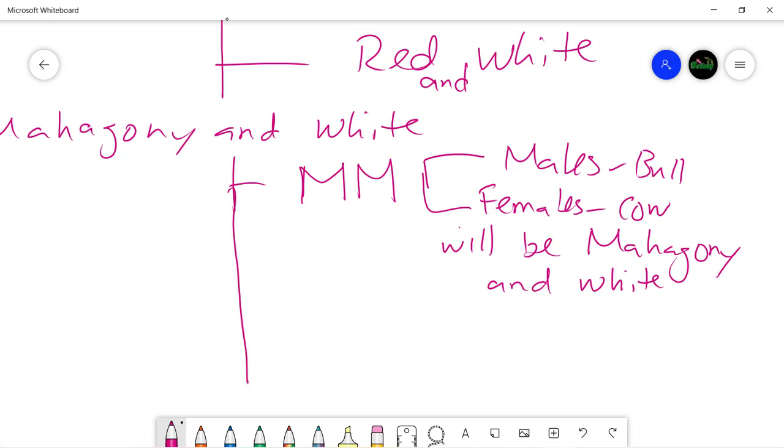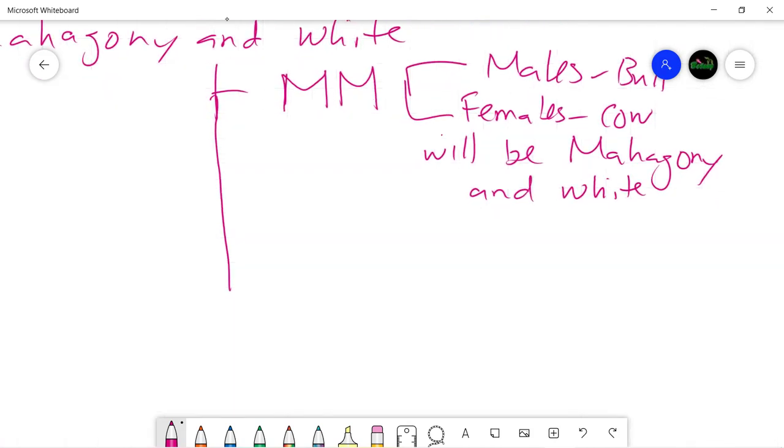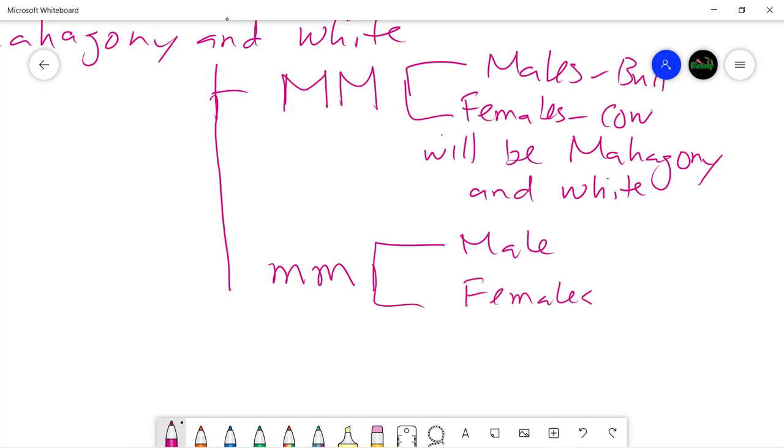And similarly, their recessive allele, which is lowercase m, behaves in a similar manner. When it is a homozygous condition, both lowercase m, the males and the females, they are both red and white.